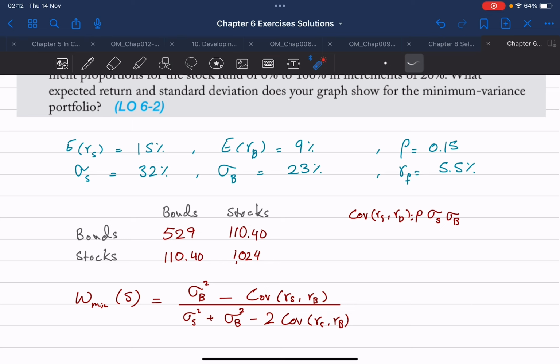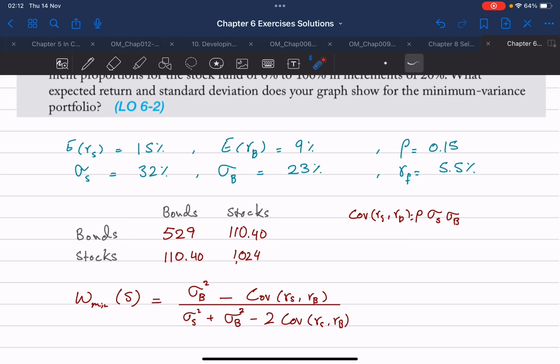For example, the sigma, or the standard deviation of the bond fund squared, is this number, so we'll just substitute that. The covariance is here, so we'll substitute it here. And the standard deviation of the stock fund squared is also already calculated here, so we'll take this and substitute it in the formula.